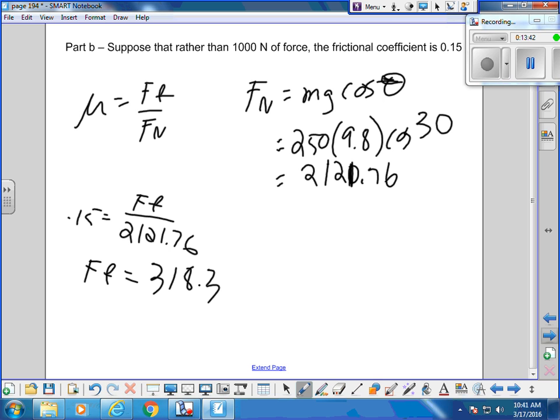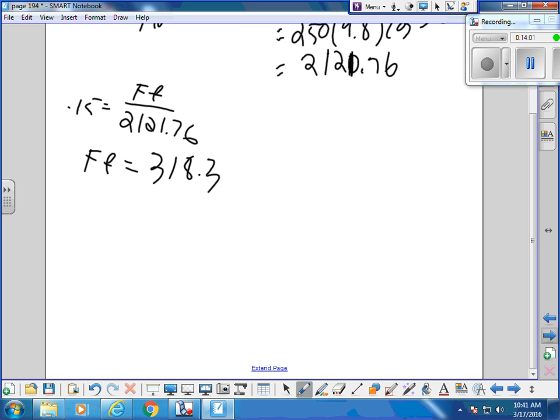Negative. And then now what? Now I just redo that first part, but instead of using 1,000, I use this number, right? So it's not that much harder, as long as you remember this guy, which is why I changed the question to remind you about that. Okay, so it's going to be F net is equal to applied force plus friction force plus FD.